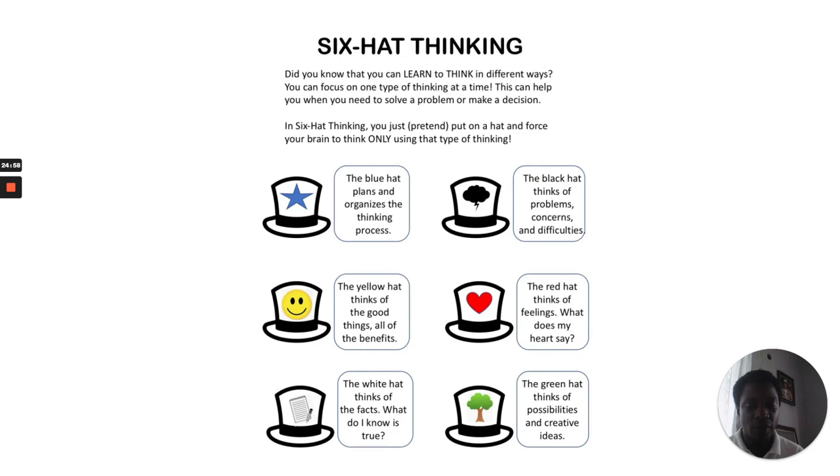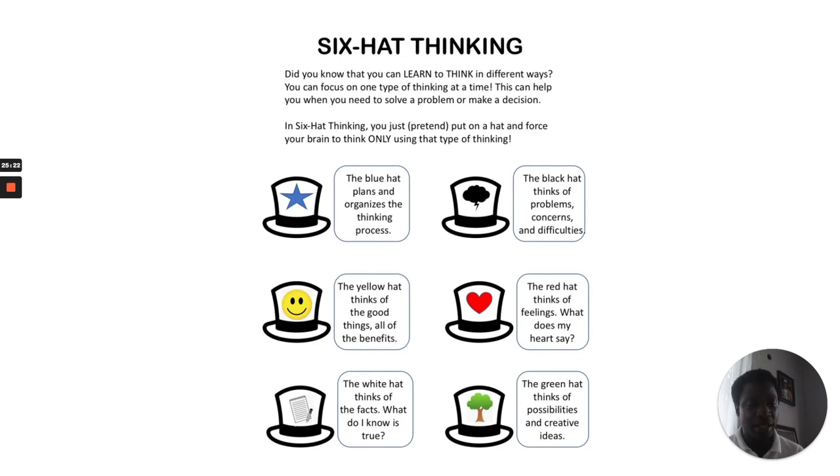The White Hat thinks of the facts. What are the facts? Maybe from industry analysis. What have people said about this kind of thing before? You need to gather the facts. You have the Black Hat. The Black Hat thinks about the problems of that idea. Yeah. So you have to be pessimistic. This is where you put on a particular thinking cap. When you are pessimistic, think of the problems, the concerns, the difficulties of the ideas.